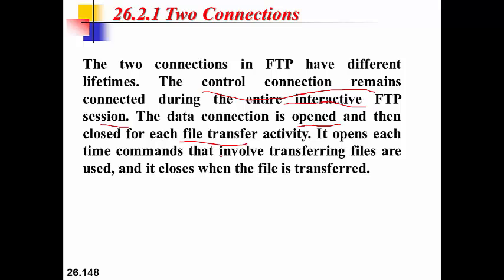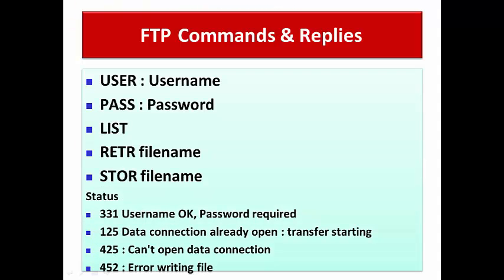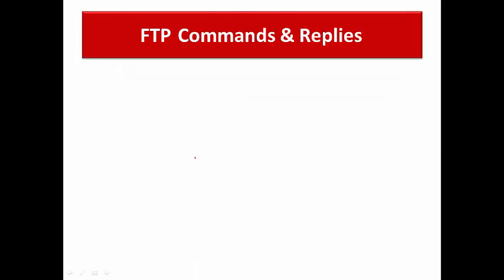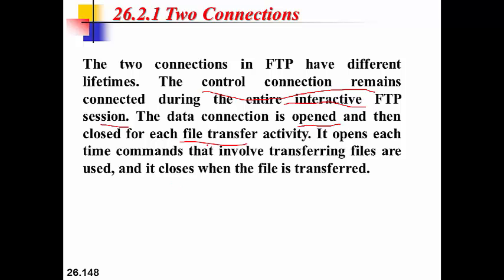Getting on to this, there are several commands that are dealt with. Prior to that, I want to tell you that since there are two connections involved, there are two well-known port numbers on which the FTP server process is running. One is port number 21.